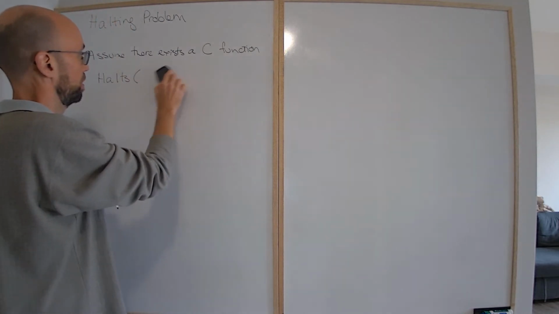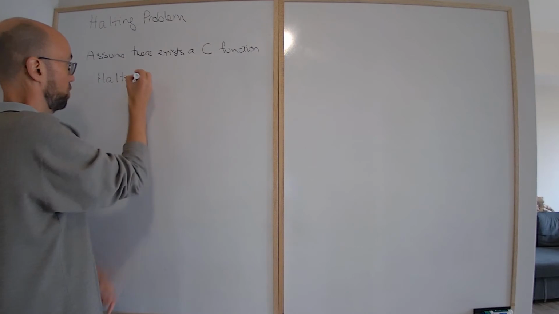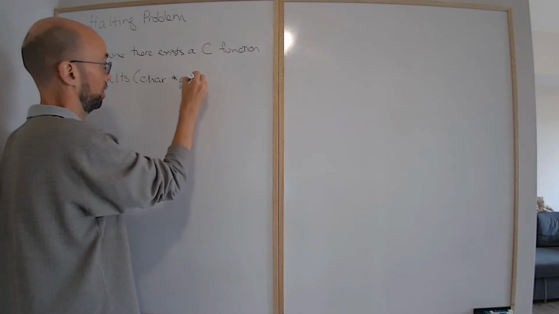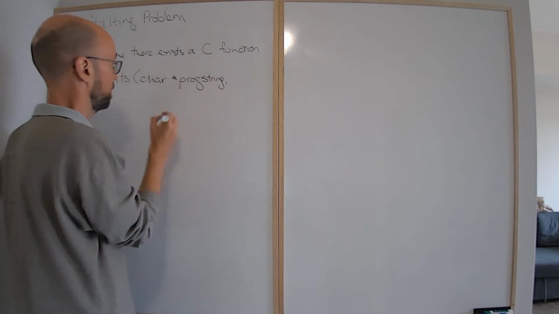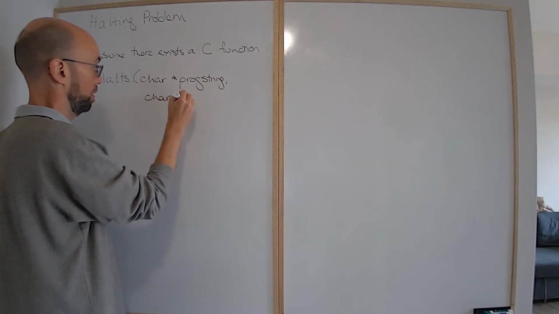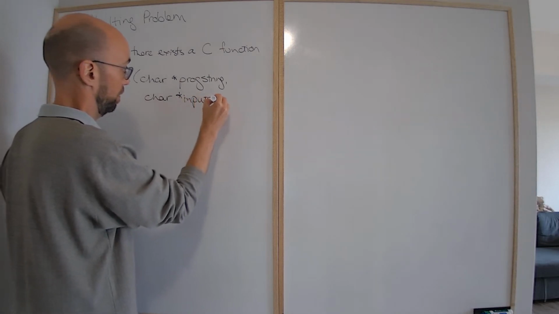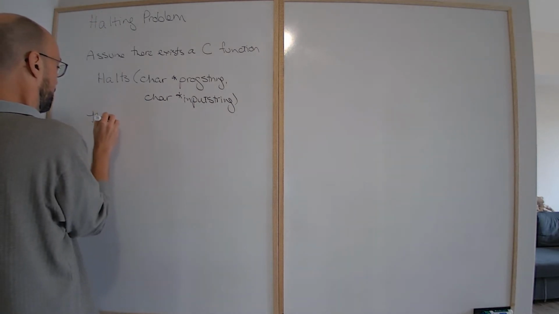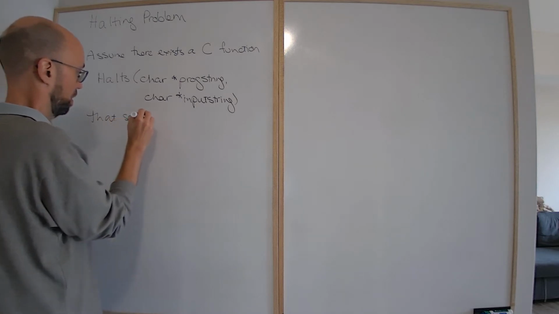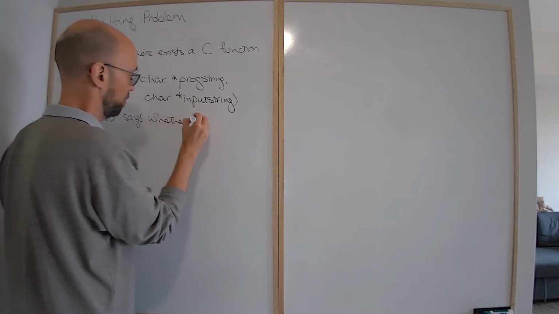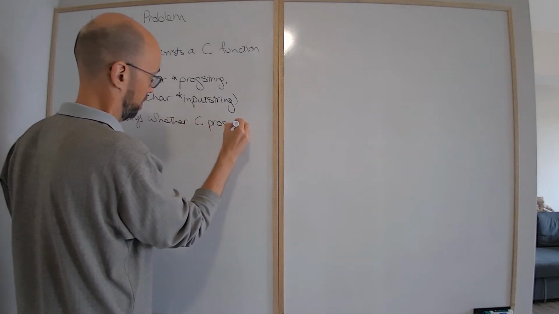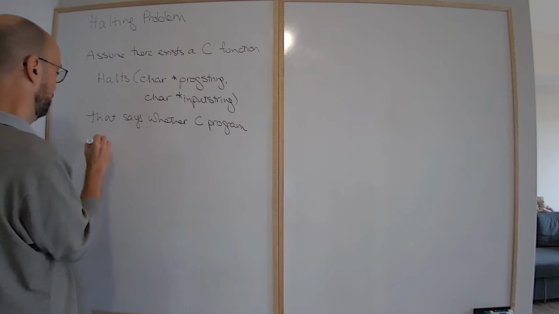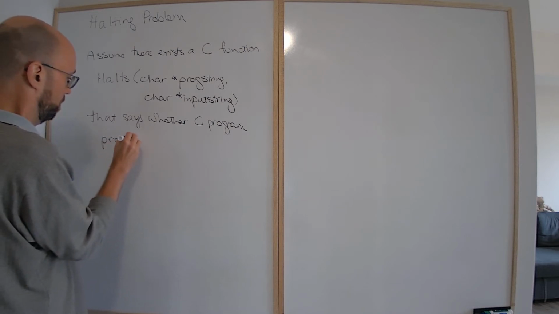I will put in the type: this is going to be a string, so a char pointer, prog_string, and a char pointer, input_string, that says whether a C program encoded in prog_string halts on input_string.